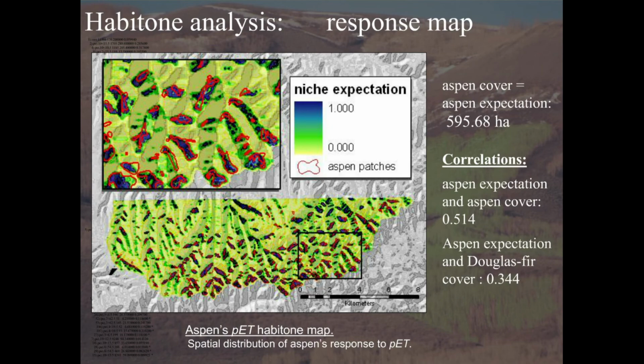But we can notice that there is a difference. The PET environment is constraining the cover of aspen to varying degrees across the range of PET, and so every pixel with its unique combination of potential evapotranspiration values can, in the model, support a unique concentration or cover of aspen.